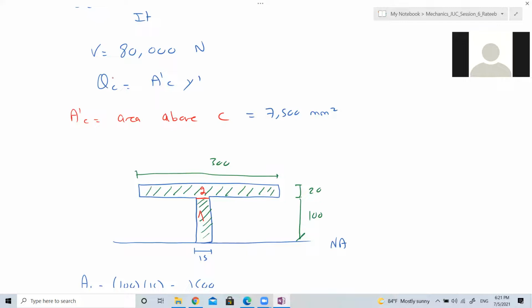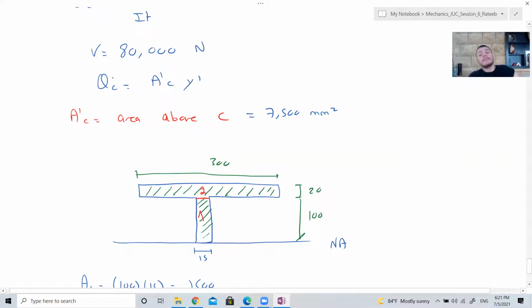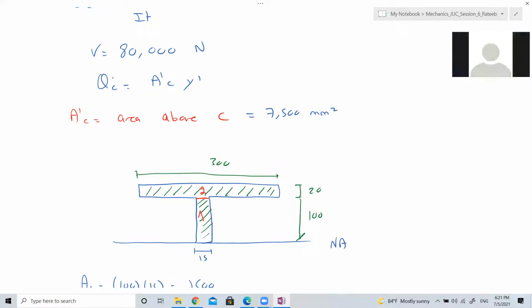Y prime, Jaafar, is the vertical distance between the neutral axis and the centroid of the cross section. How do you find the centroid of the cross section? We have to find Y prime.